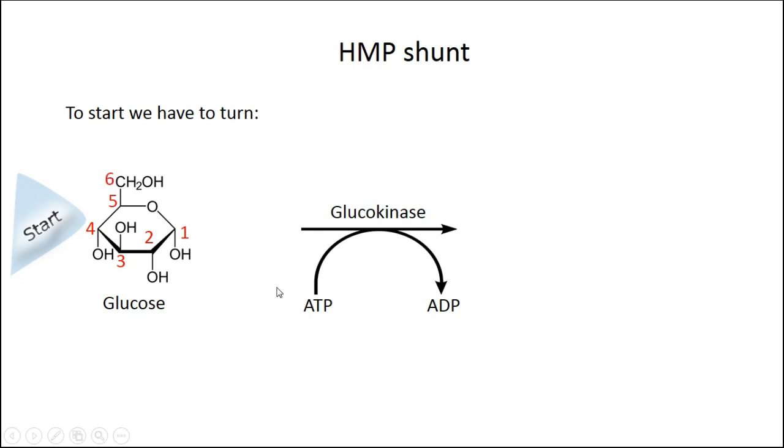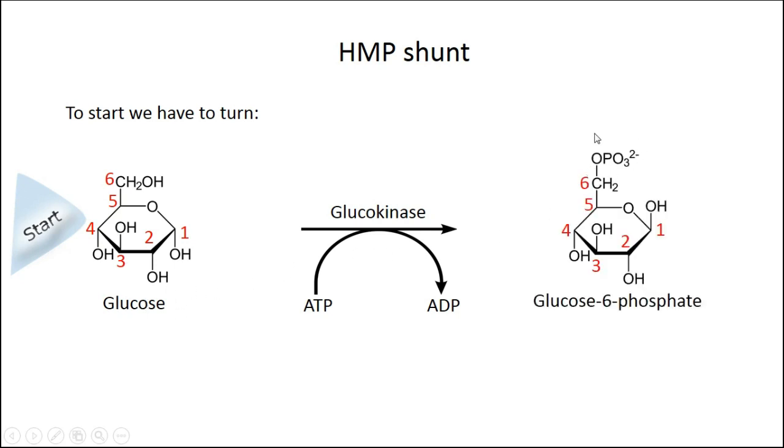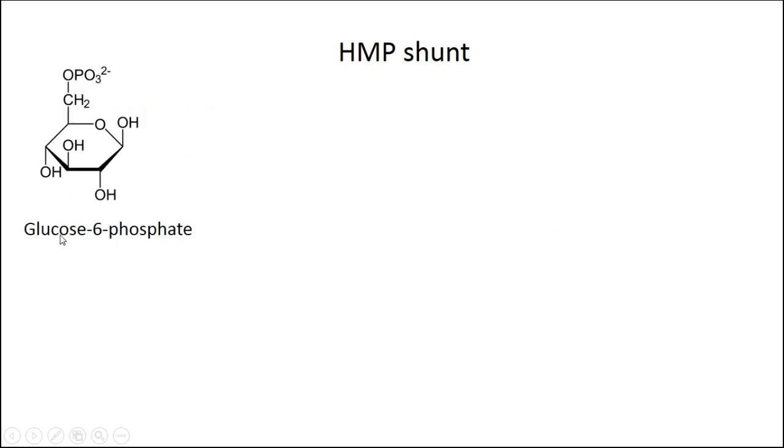So we have to turn an ATP into ADP, and now we have a phosphate group out of this reaction, and the glucokinase is going to attach it to the 6th carbon in this glucose unit, and it's called now glucose 6-phosphate because we have phosphate on the 6th carbon atom. Now after we form the glucose 6-phosphate, we're going to get into the HMP shunt.